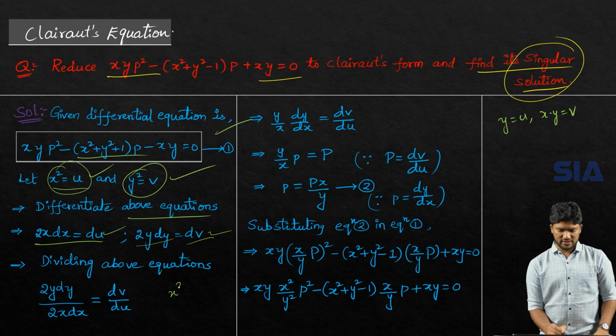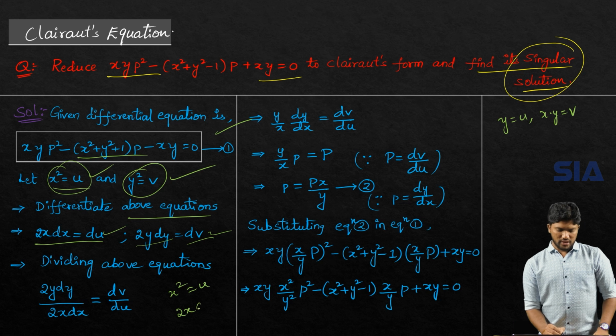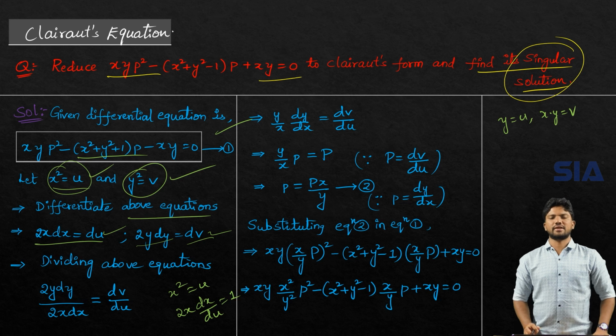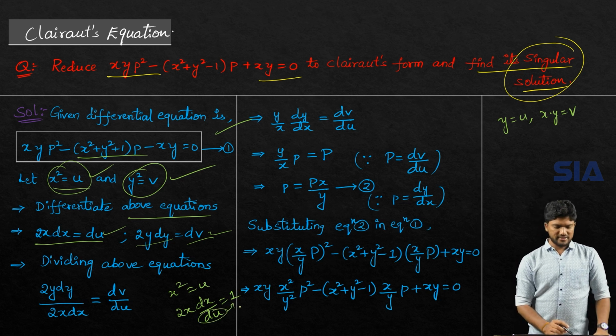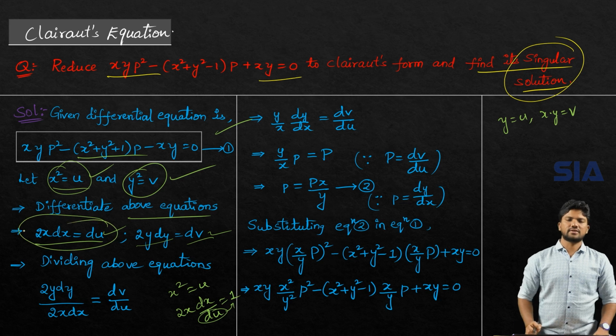When you differentiate x square equal to u, for x square the differentiation is 2x, again for x, dx by du, and on the right-hand side the differentiation of u becomes 1. Send this du to the right-hand side, then you get 2x dx equal to du.